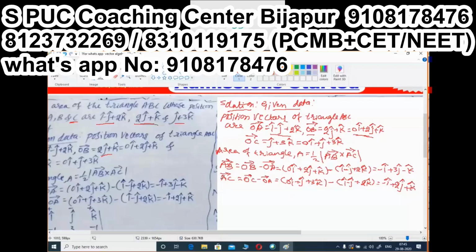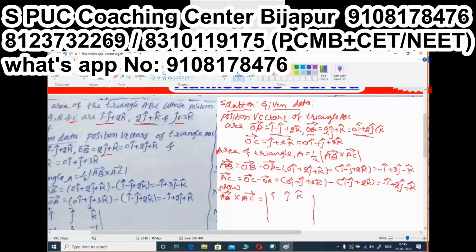Next AC vector is here. So now you have to find out AB vector cross AC vector, which is going to come out as the determinant. You can express these two vectors in terms of a determinant by taking the first row as i cap, j cap and then k cap.